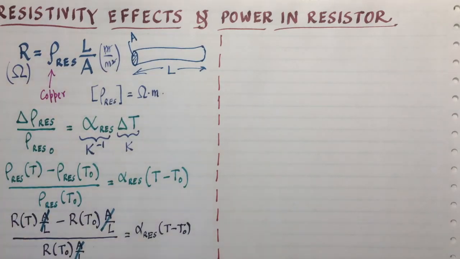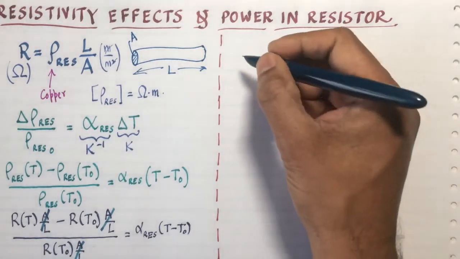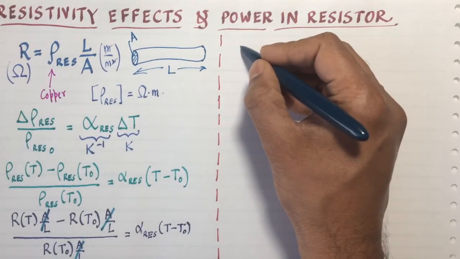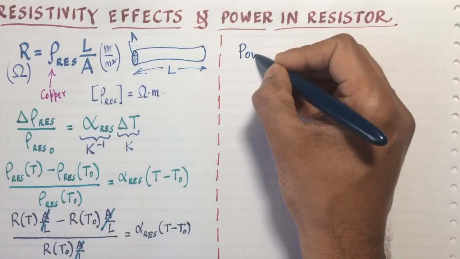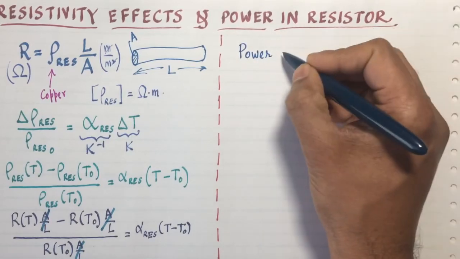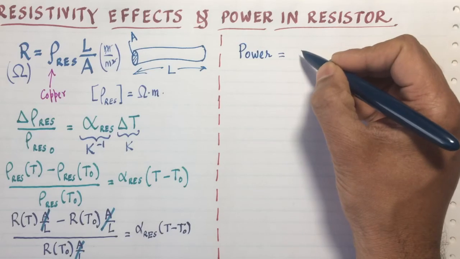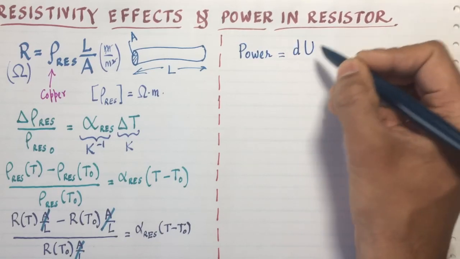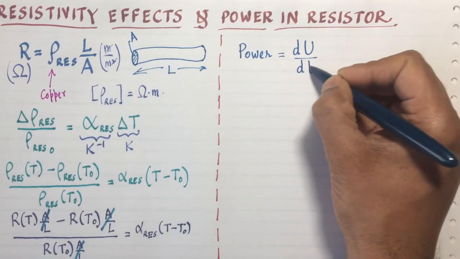So if we were to try to develop an expression for the power in a resistor, it's going to be the rate of change of the energy, dU by dt.